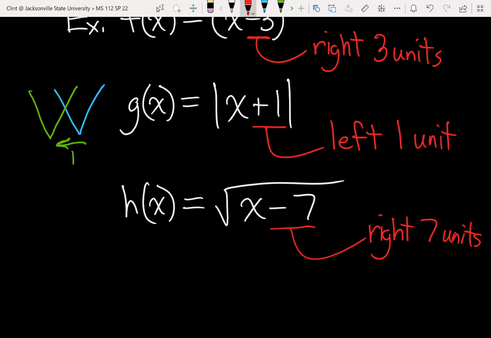Another type of transformation you might think about, right? We've got up and down, we've got left and right. Maybe you might think we have to do something fancy if we want to do a diagonal move. But that's not really the case, because if you want diagonal movement, all you're doing is putting together horizontal and vertical movement.